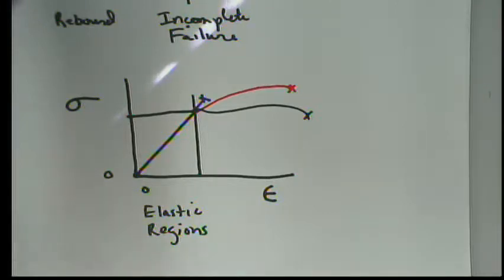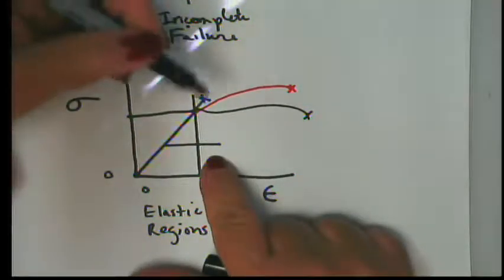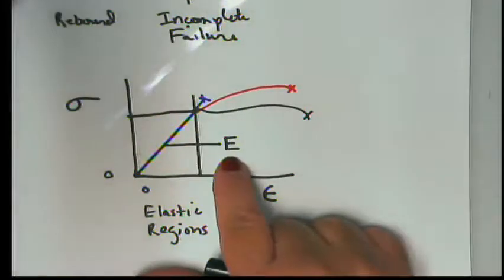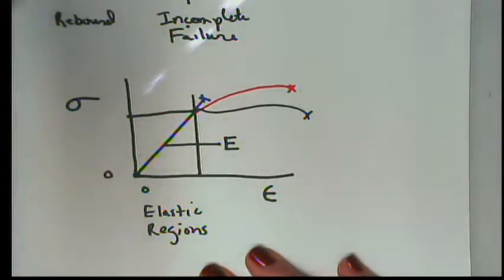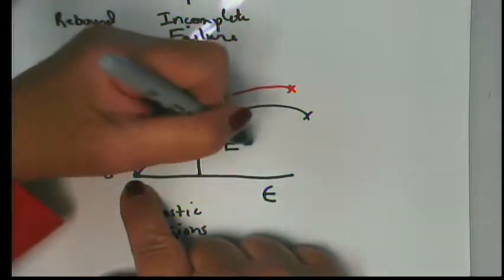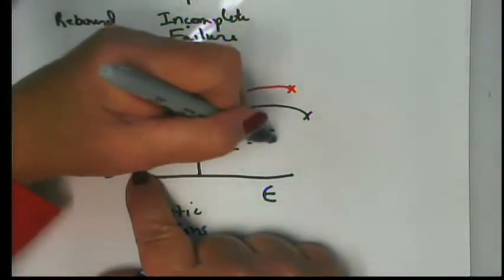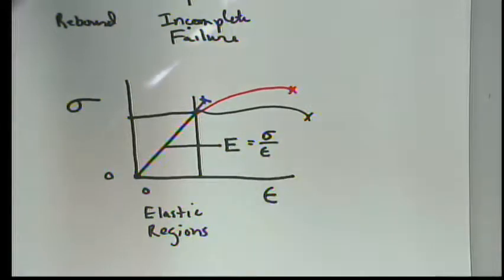In the elastic region, this is basically a straight line, and the slope of that line is called E, the modulus of elasticity, also called Young's modulus. Since this goes through 0, E is equal to the slope, which is sigma minus 0 over epsilon minus 0, or just sigma over epsilon at any given point.